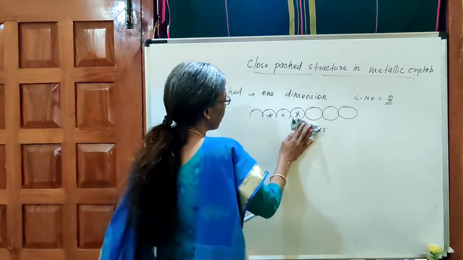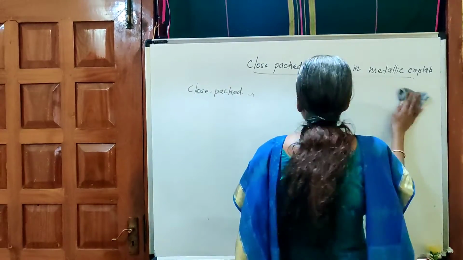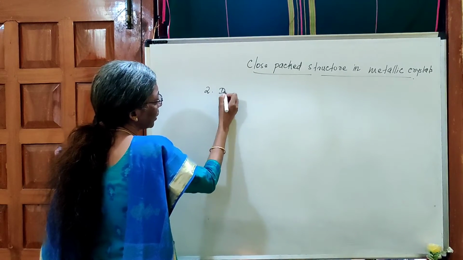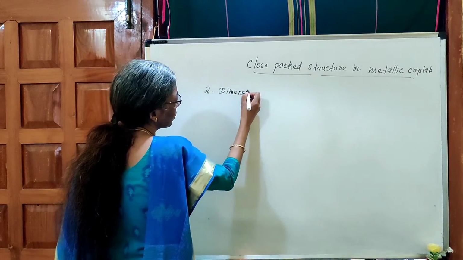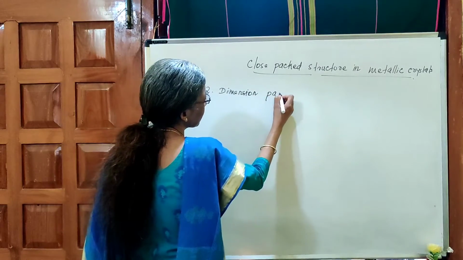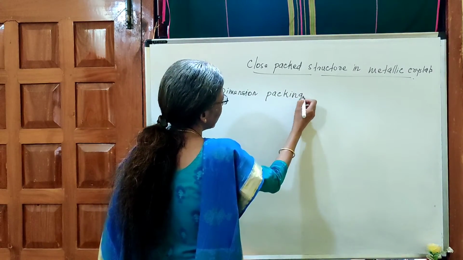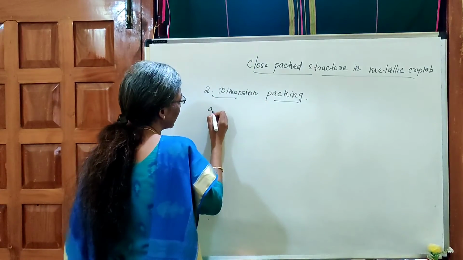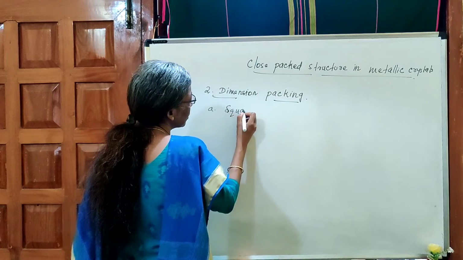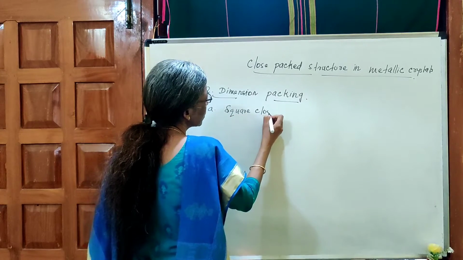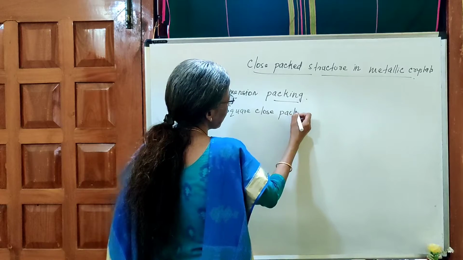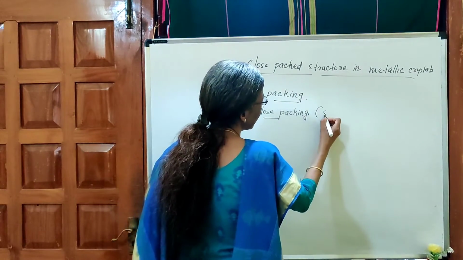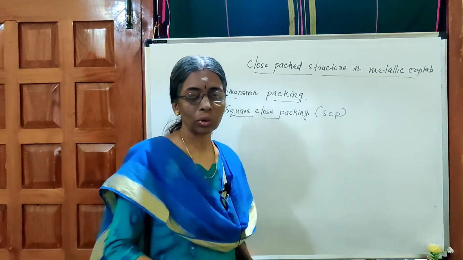Second one is two dimension packing. In two dimension packing, we are going to study, number one, square close packing, SCP.